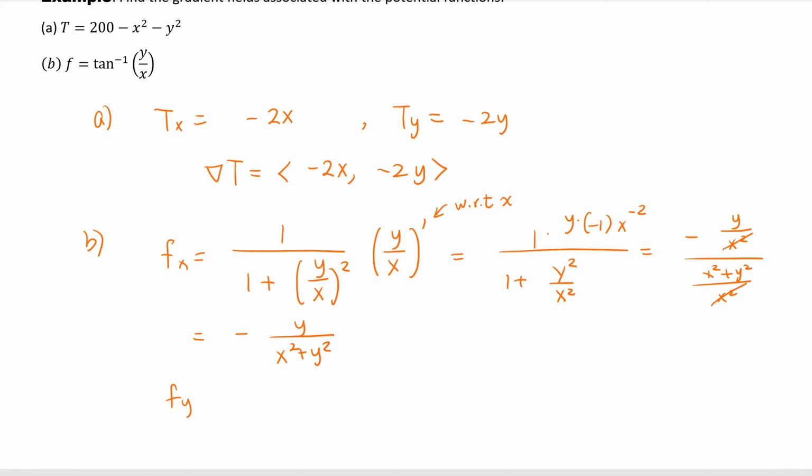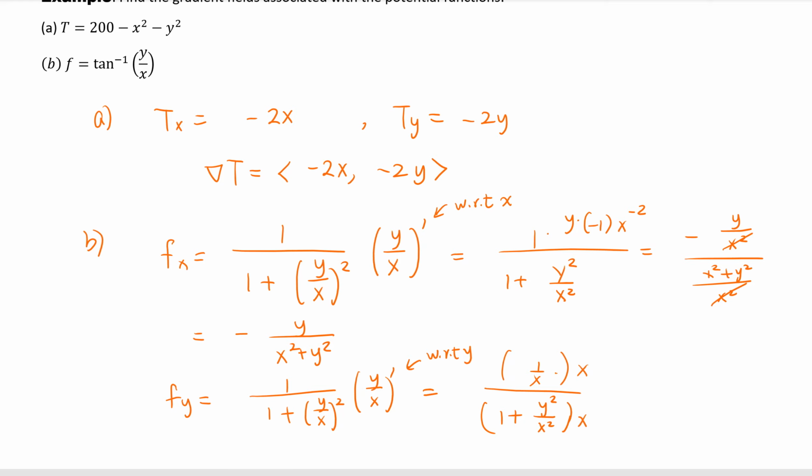Alright, how about fy? Well, still chain rule. 1 plus y over x squared, but here y over x prime, this prime is with respect to y. So that will give us derivative of y is 1. So 1 over x, 1 plus y squared over x squared. Let's multiply the top and bottom by x squared to get rid of the denominator in the denominator.